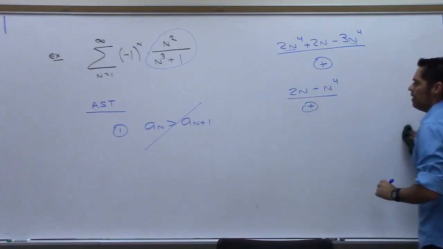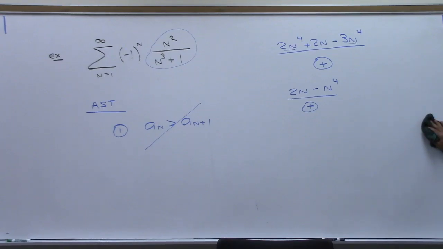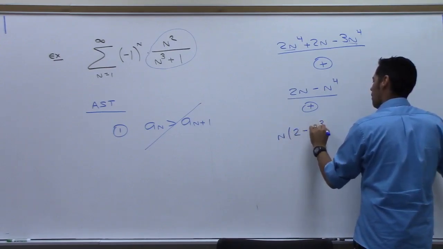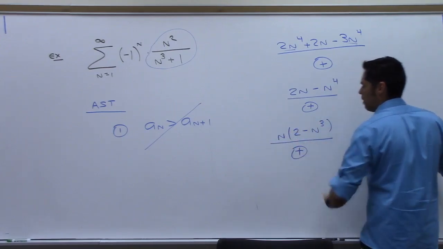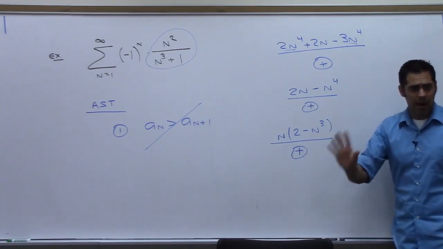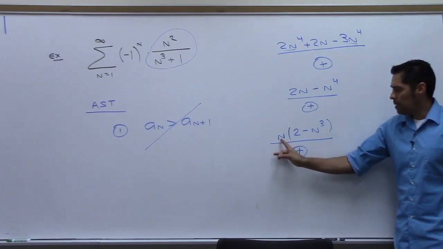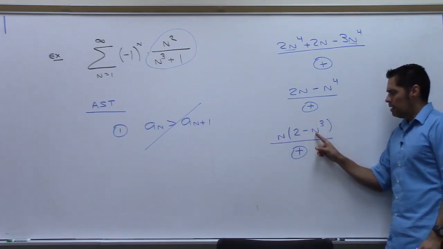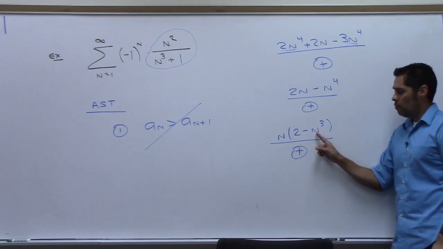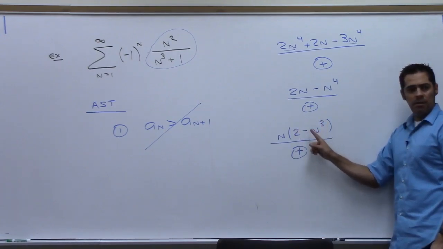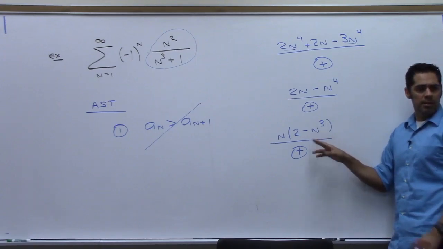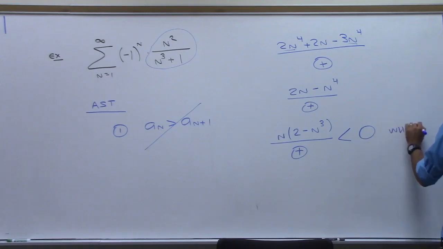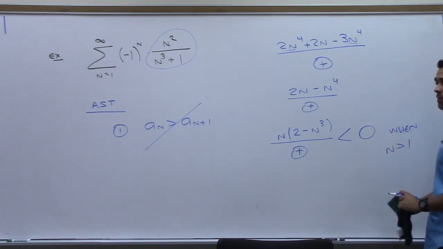I think it's obvious that the top is negative, but if I factor an n out, it's even more obvious. Because n is a positive number, that's positive. And this number right here will be negative as soon as n gets past 1, because at 1, this is positive. So eventually this is going to be decreasing. This is actually less than 0 when n is greater than 1, which is good enough.